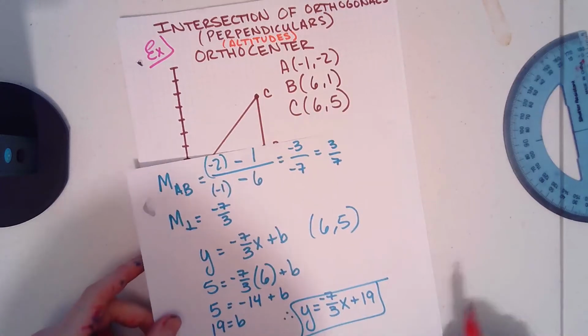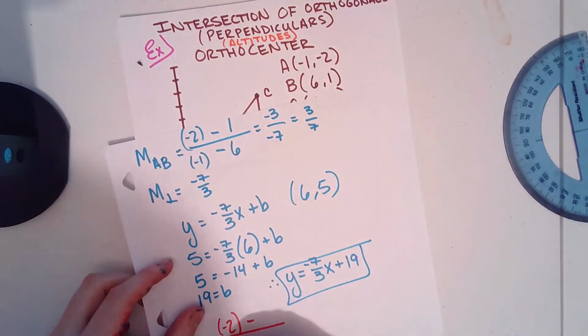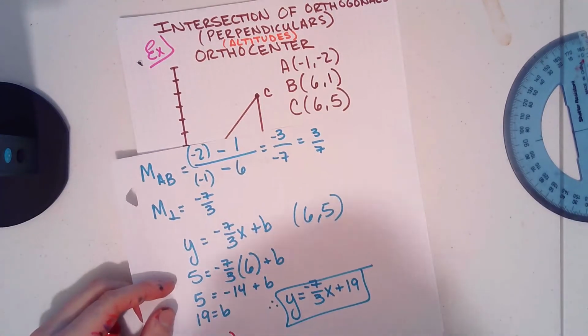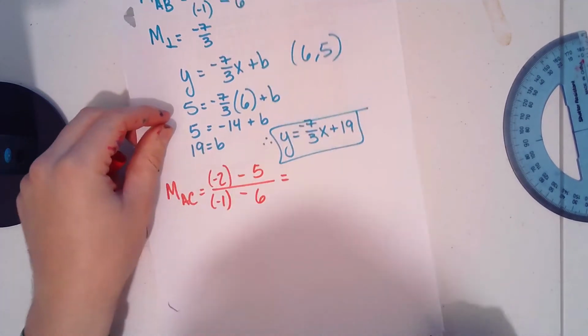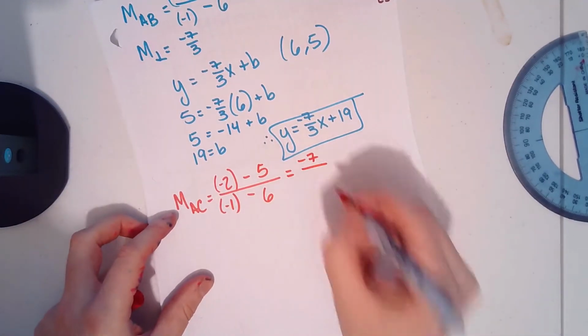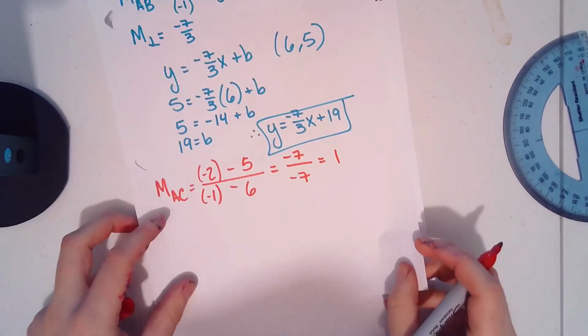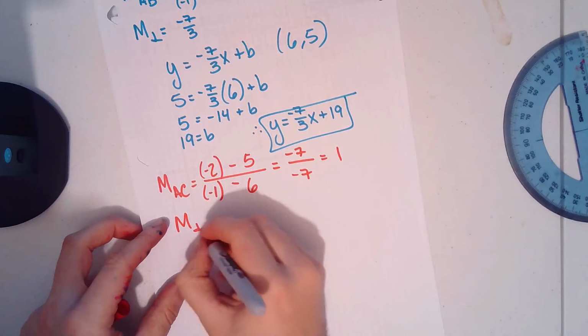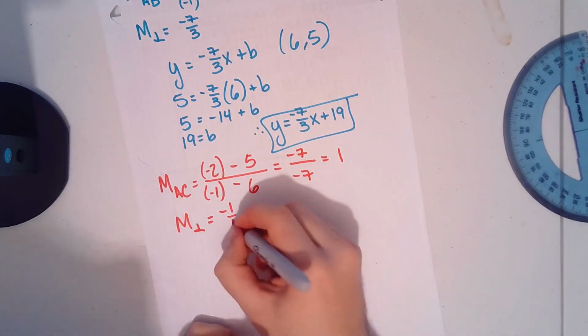So the y of A is -2, and the x of A is -1. For C, the y is 5, and the x is 6. So if we find the slope between them, we get -7 over -7, which we know is a slope of 1. So the perpendicular slope is going to be -1, or -1 over 1.